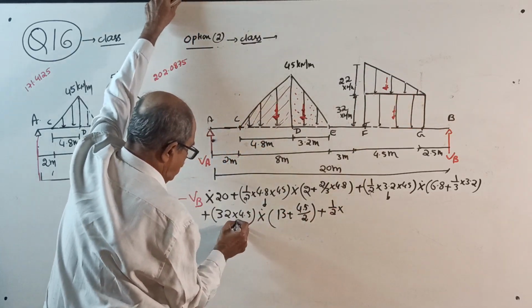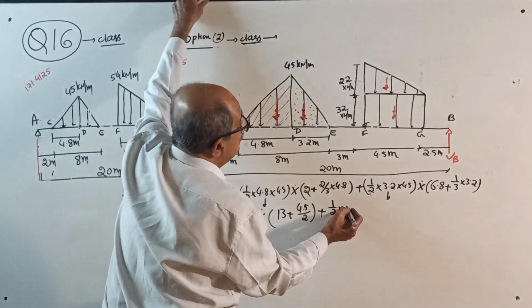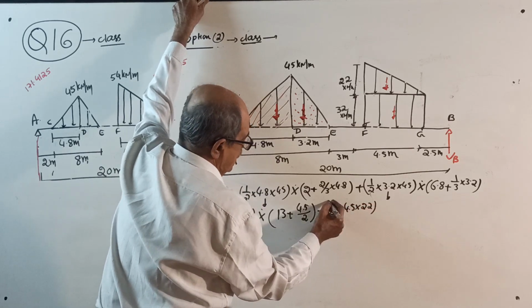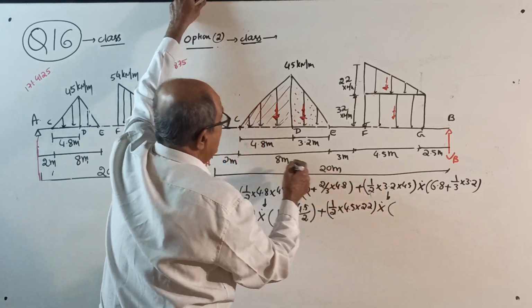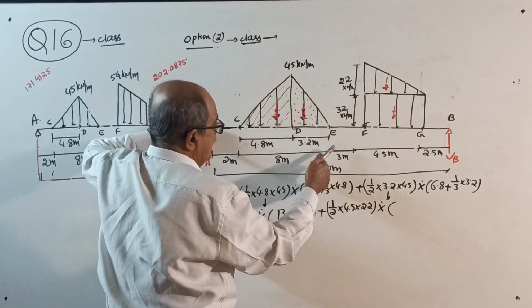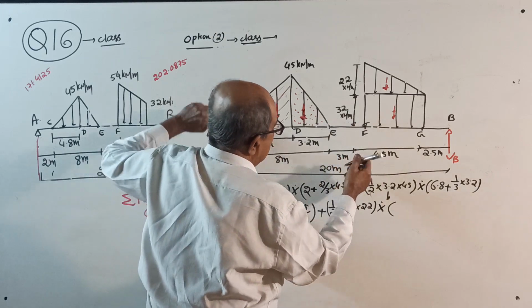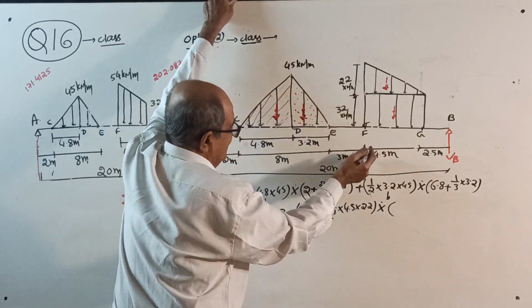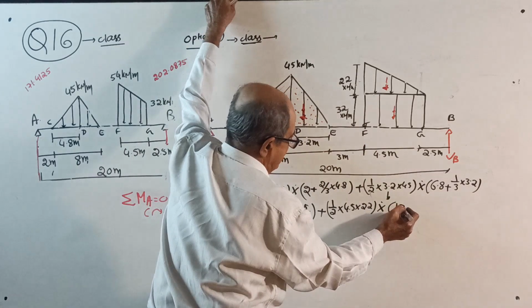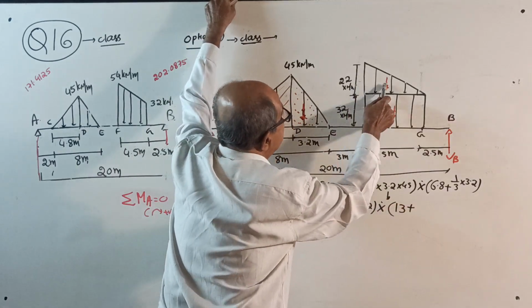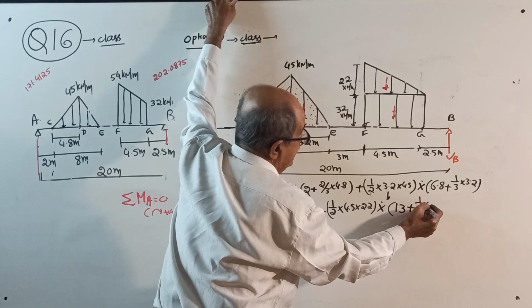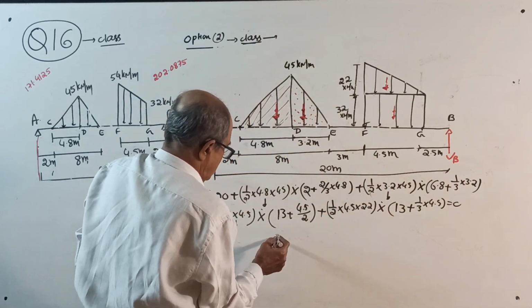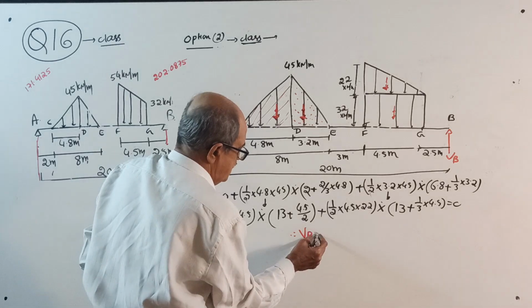Half into 4.5 into 22 is the total load multiplied by 2 plus 8, 10, 10 plus 3, 13, 13, actually 3 meters, it is 3 meter up to here, okay, 3 meter, little shifted, 13 plus another, this distance is 1 by 3 of 4.5 equal to 0. Calculate, you will get the value of VB.